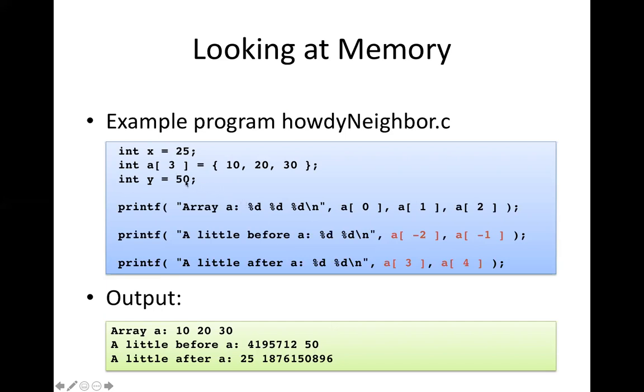This would depend on your compiler and the system you're running on, but on the system I ran this on, I bet I'm looking at that value of y, even though I declared it after the array. It looks like the compiler decided to store that right before the start of this array. And same down here, when I start looking at element 3 and element 4, both of which are off the far end of the array, I see a 25, which I bet is that variable x.